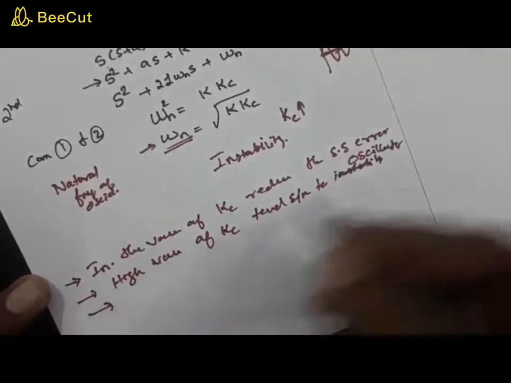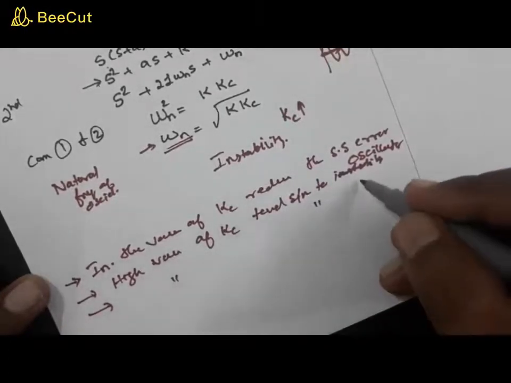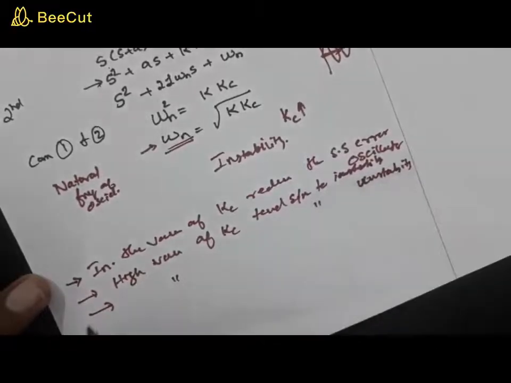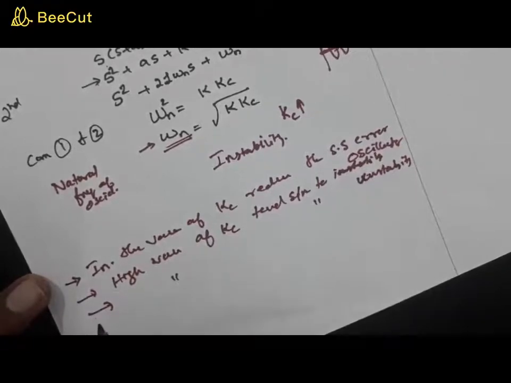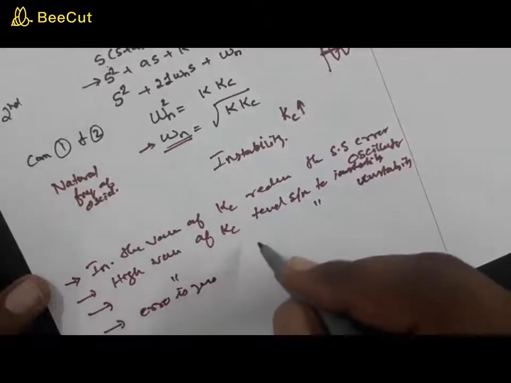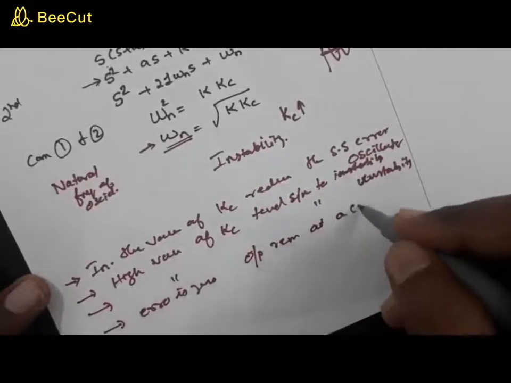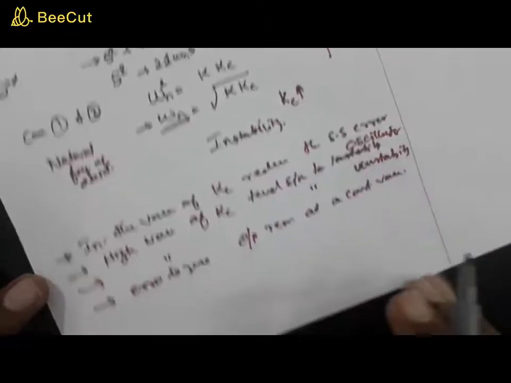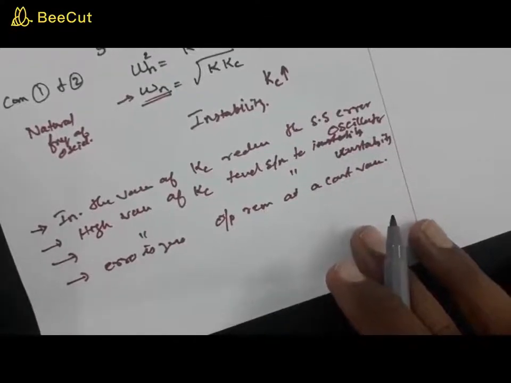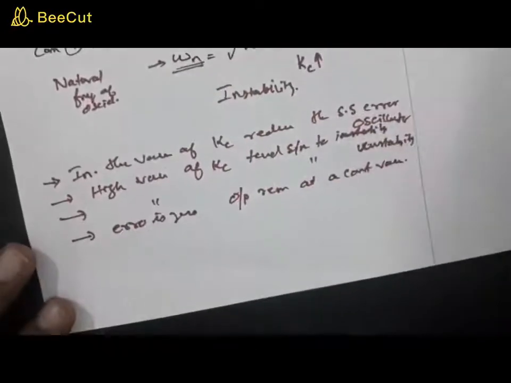The consequence is that, again due to the high Kc, it will make the system unstable, or drift it to instability. And when the error is zero, the output remains at a constant value, and that all depends on the final value of that error. Anyway, these are the important points to be noted under the proportional controller.